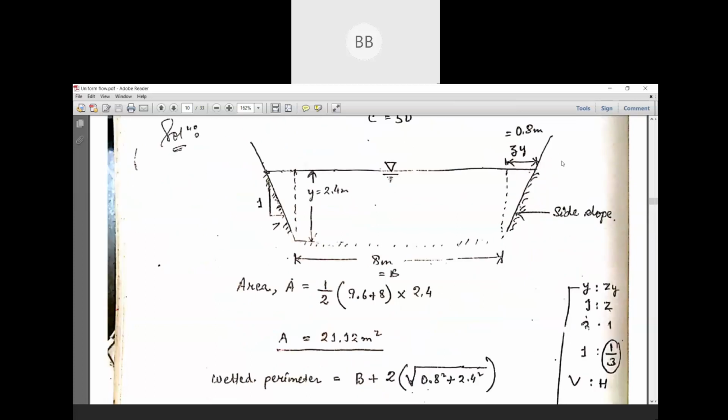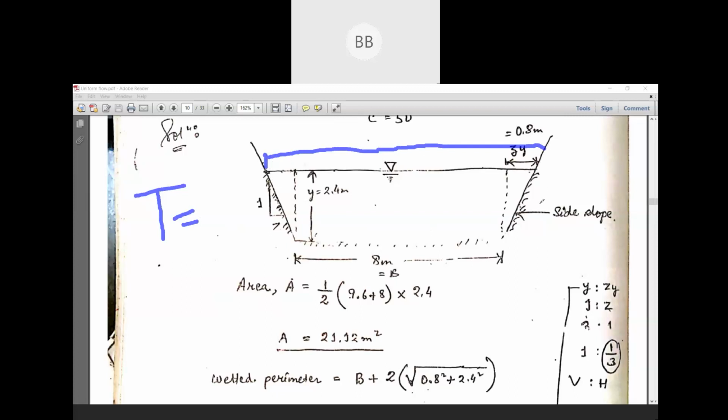Now we need to find out the top width. For top width, from here to here, first this portion will come.